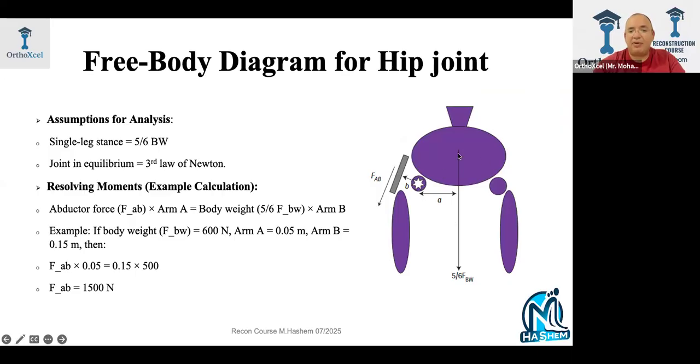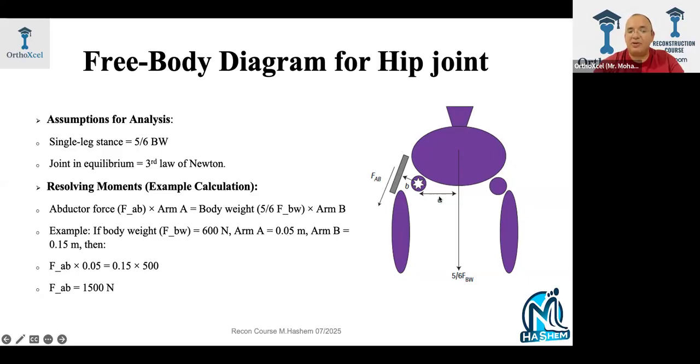So the free body diagram of the hip joint: we understand that this is the center of rotation of the hip at the center of the head in a normal native hip. The forces acting on it in clockwise direction are the body weight at lever arm A, and the forces of the abductors maintaining the pelvis in place and not allowing the pelvis to flip to the other side when you are on a single stance, working with this lever arm B. So body weight by A equals the force of the abductors by B, and both of them are in equilibrium.